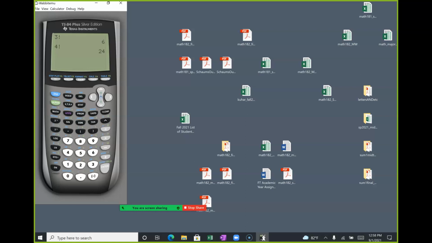In my other class, some students already bought calculators. I'd really not like you to have to spend money, so you can get a calculator if you're near Tacoma Park.